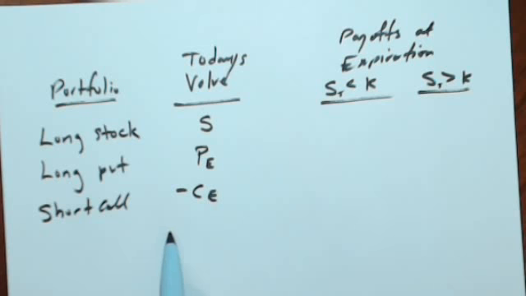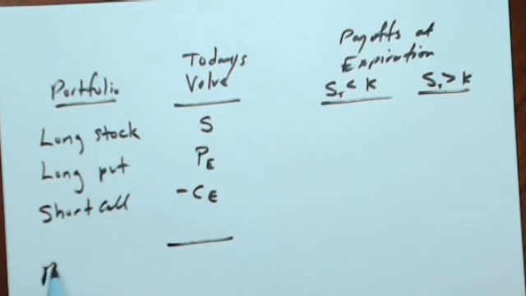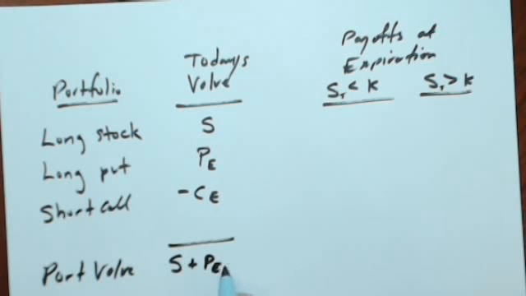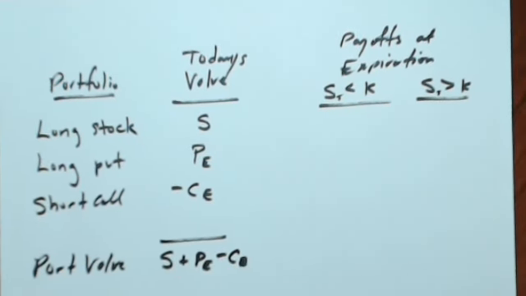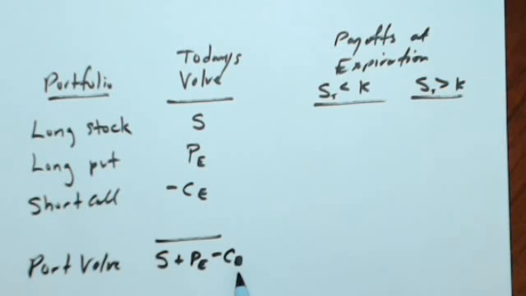Now let's look at the value of the portfolio today. The value of the portfolio is the stock price plus the put minus the call. That's an E there if you can't read it.